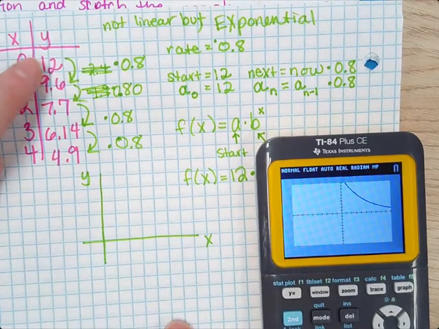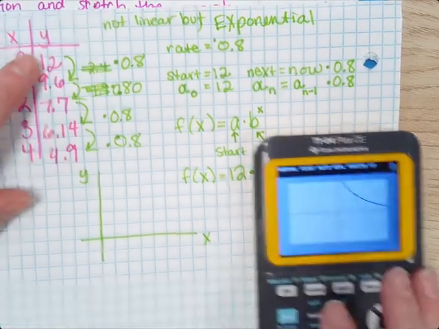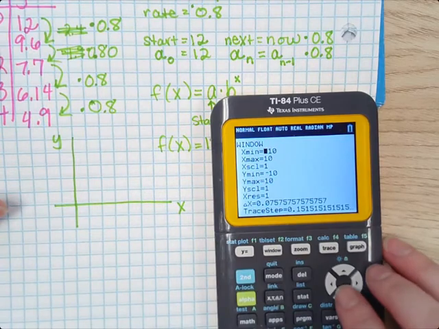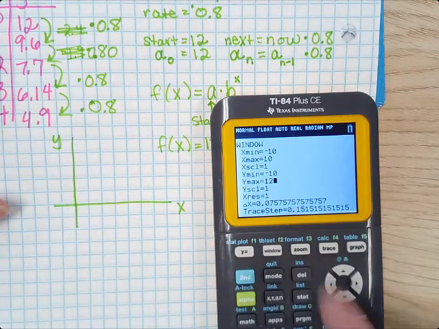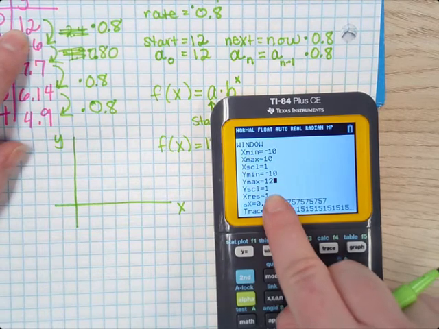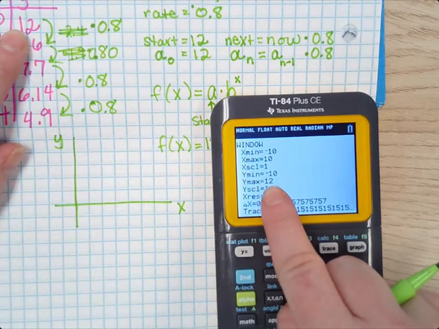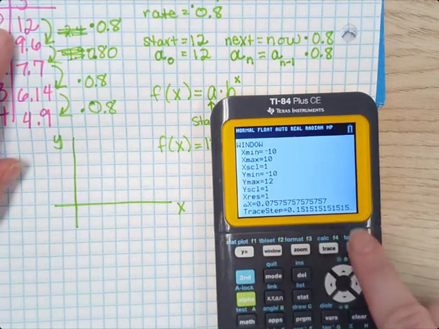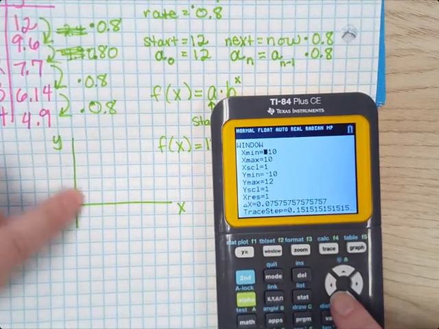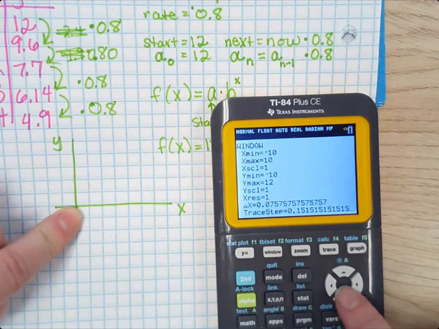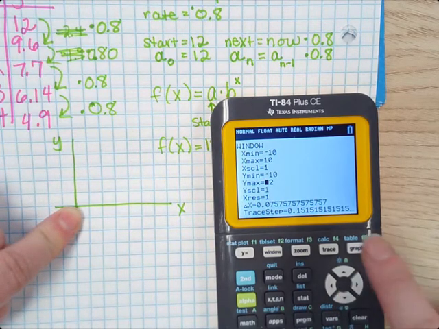Well, here it's actually 12. On here, it's not right. So we need to go to our window and make our y max 12, which is our starting amount. So if we change that, we'll be able to see it on our graph. I went to window, and I went to my y max because it's the y-axis. I want to see the y-intercept, which is 12. And you can go a little above if you want. Now hit graph.